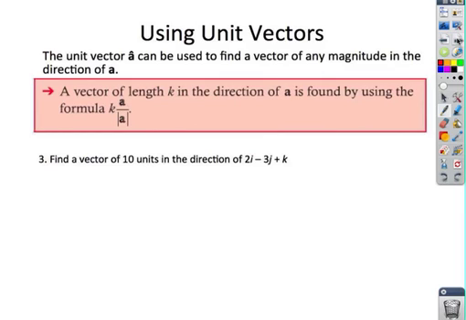And basically, again, that's what this formula is saying. So we have our unit vector, A over magnitude A, times k. And again, it's important to know that k could be an element of the reals, any real number. Positive, negative, okay? Fraction, decimal, rational, irrational, doesn't matter.